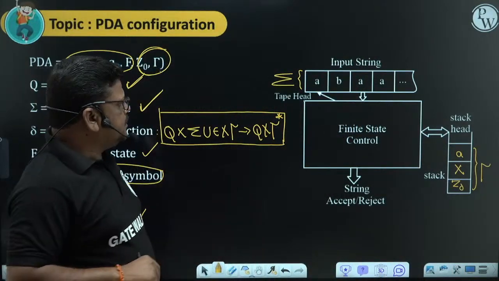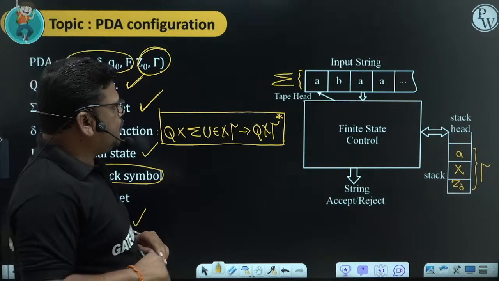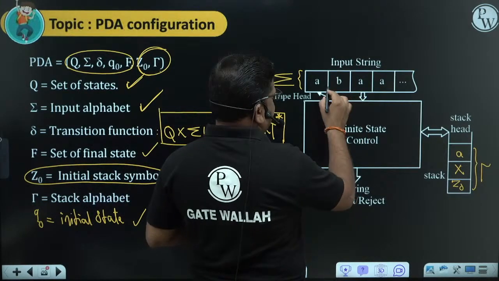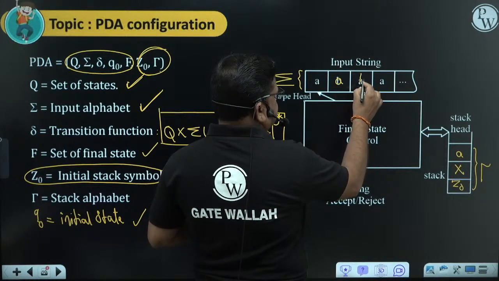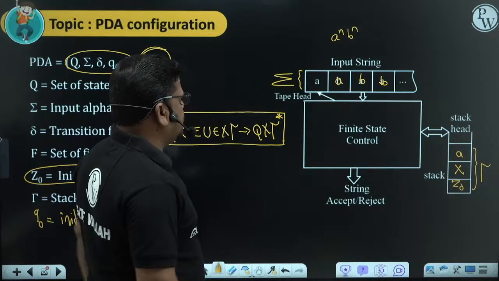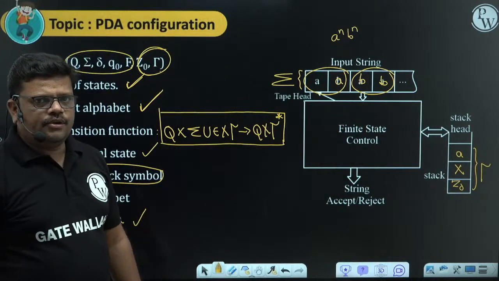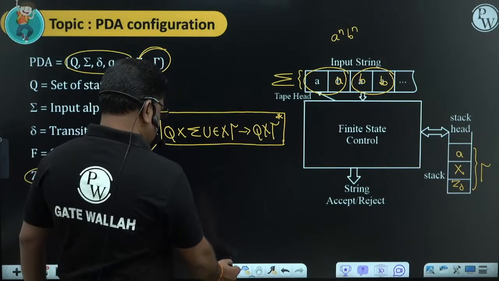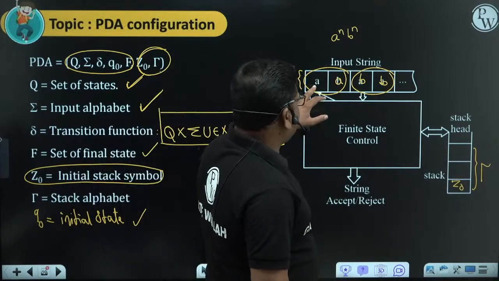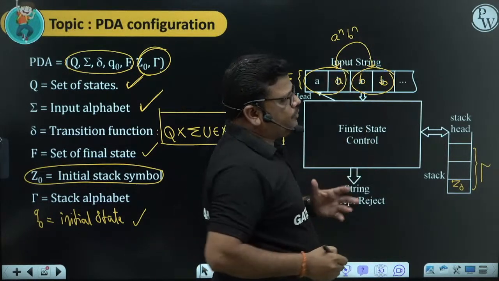See the way the pushdown automata works. Whenever we have a PDA, in order to perform comparison, assume we have this: A, A, B, B. I am constructing for a power n, b power n. I want to check whether the number of A's and number of B's are equal or not. Whenever I want to perform comparison between A's and B's, what a PDA generally does is, whenever A is encountered, we need to remember it.